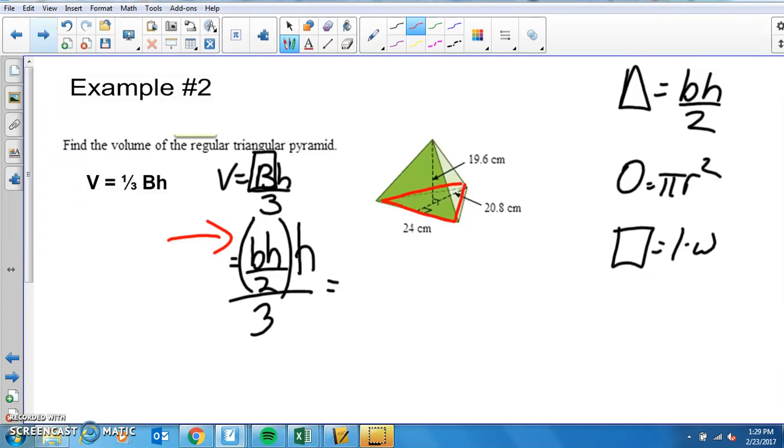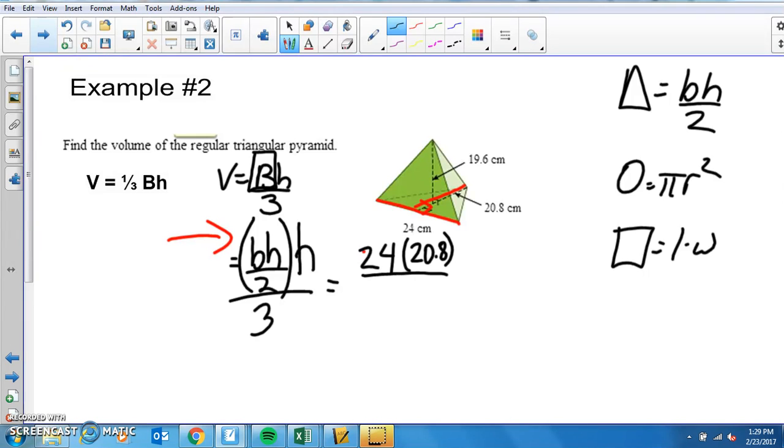So I want to look at the base of that triangle, just the base of that triangle, the two measurements that form a right angle. If you look at it, you can see the right angle drawn in. So that means this 24 is a base. So I'm going to put in 24. And then this measurement right here forms this right angle. So our height is going to be 20.8.